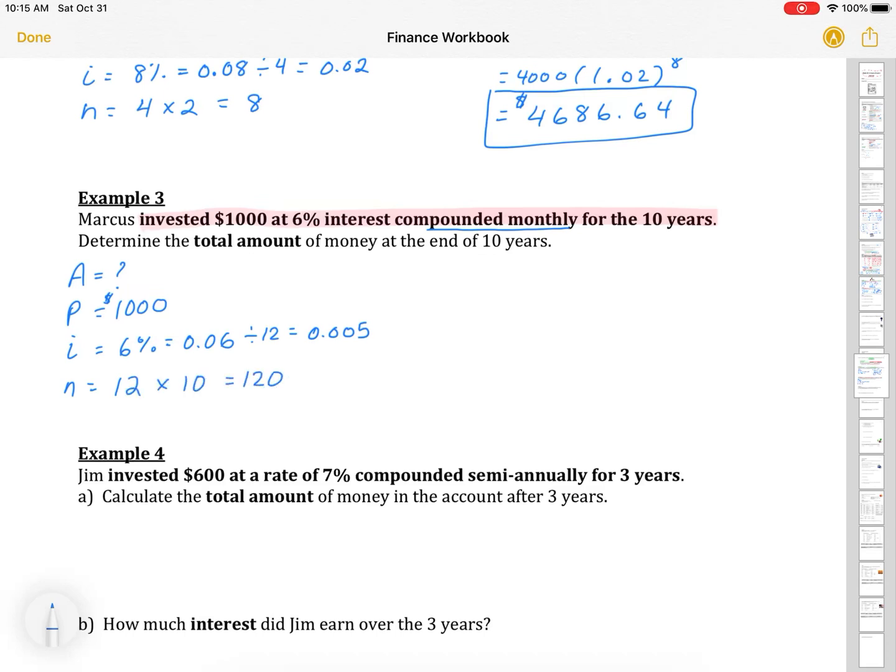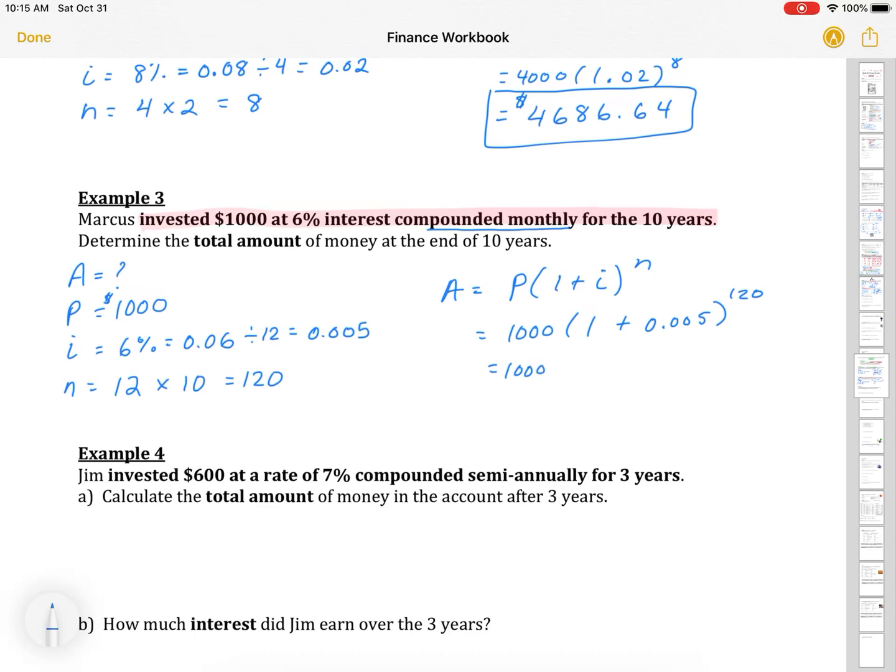So 120. All right, so A is equal to P times 1 plus i to the n. Let's fill in what we know. P is 1,000. 1 plus 0.005 and to the 120.